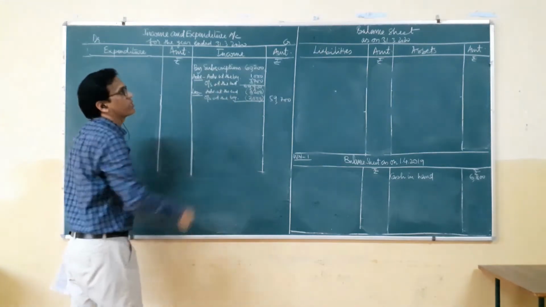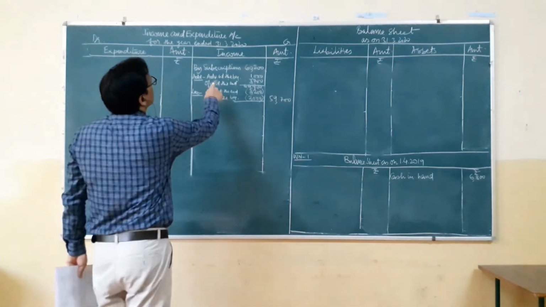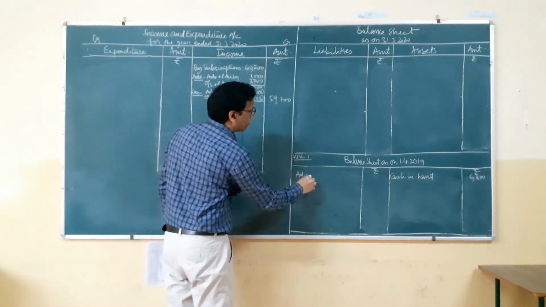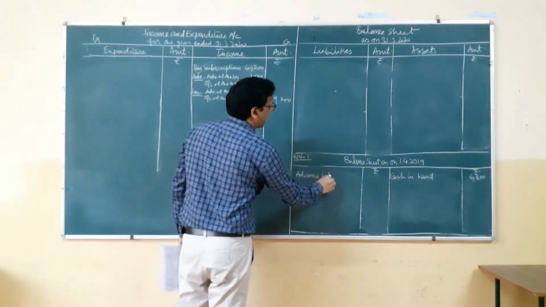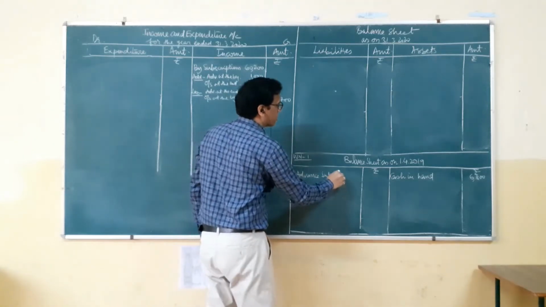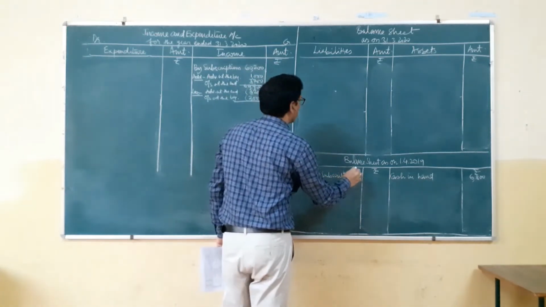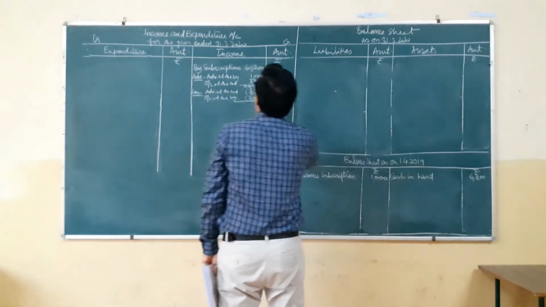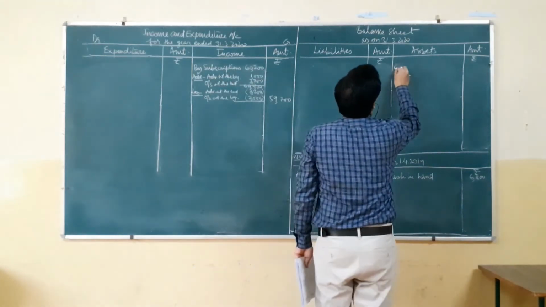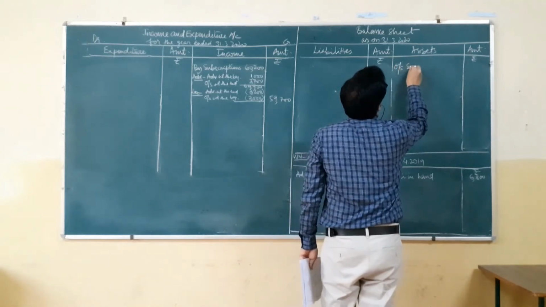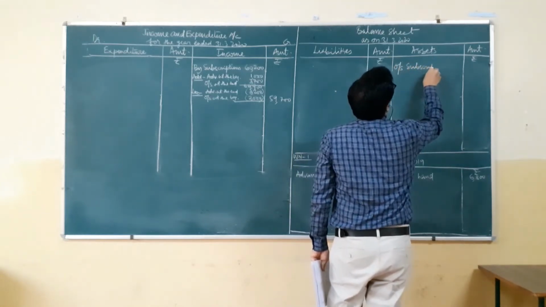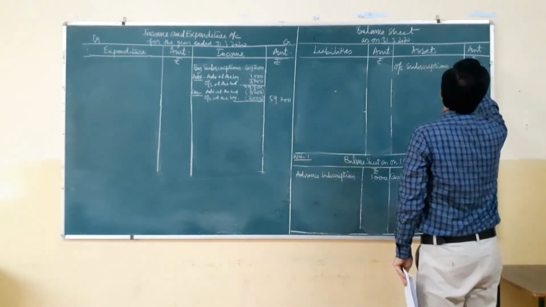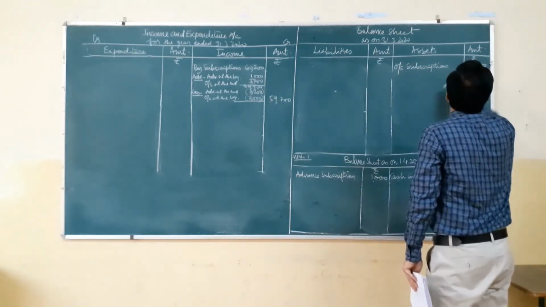Now these four informations are to be put into the balance sheet. First is advance at the beginning. So we write it on the liability side of opening balance sheet. Advance subscription. It is 1,000. Then outstanding at the end. Closing balance sheet, asset side, outstanding subscription. It is 3,700.